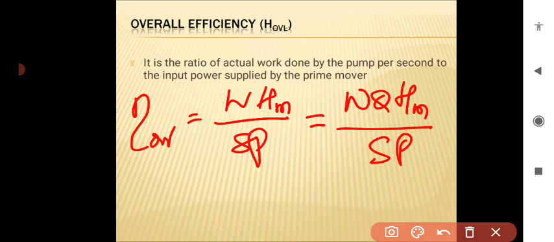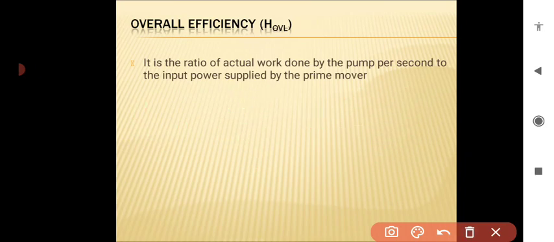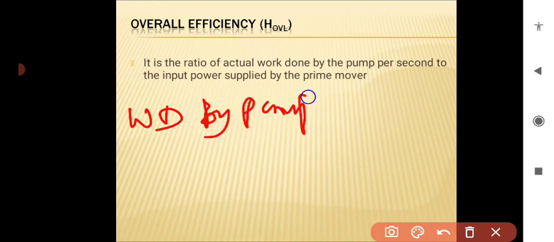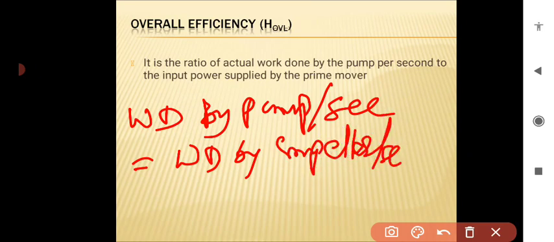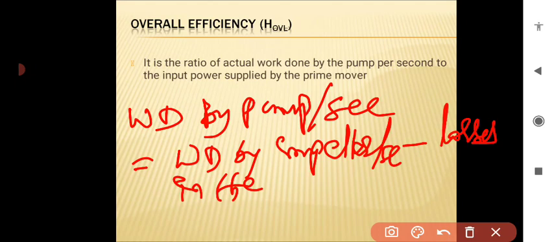Now we will discuss work done by pump per second. Work done by pump per second is equal to work done by impeller per second minus losses in the impeller and casing.